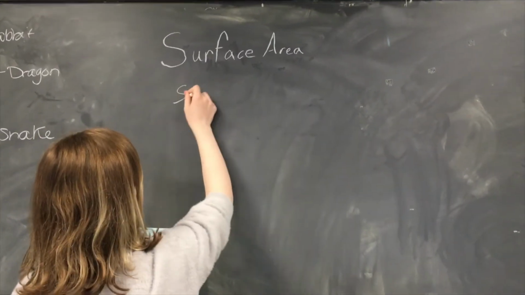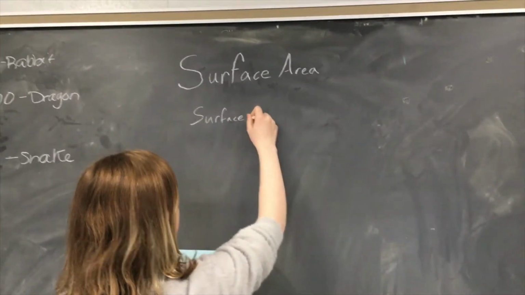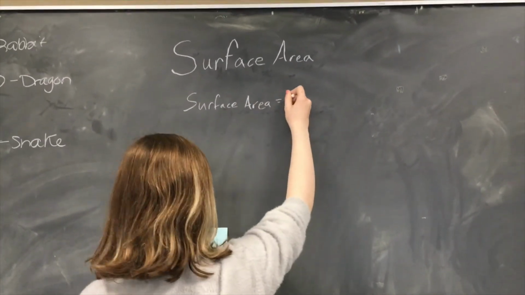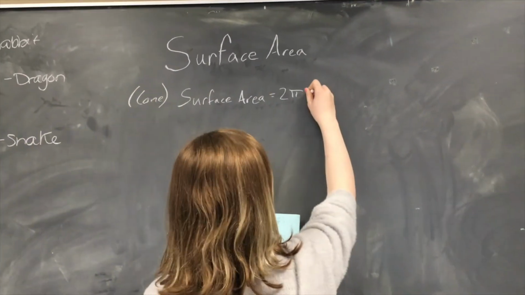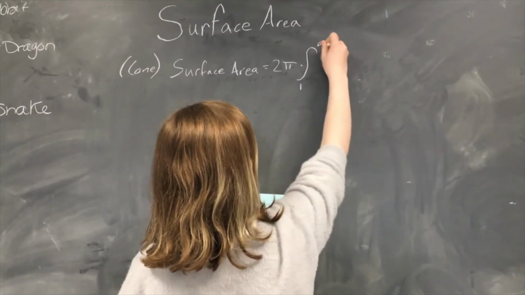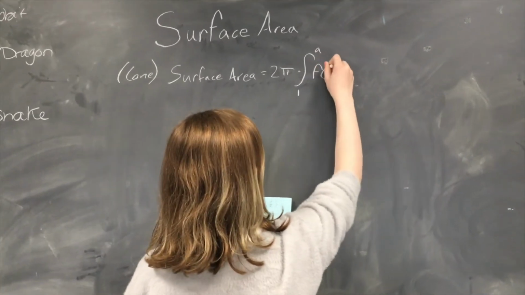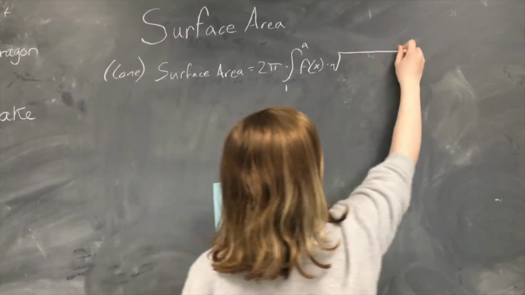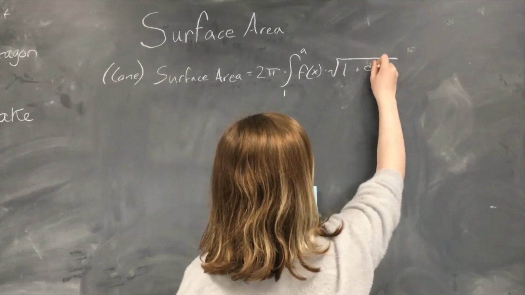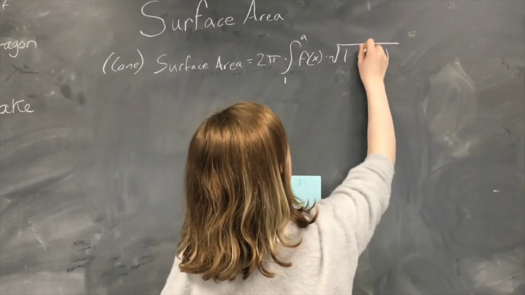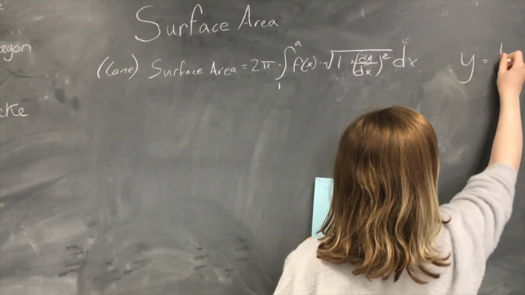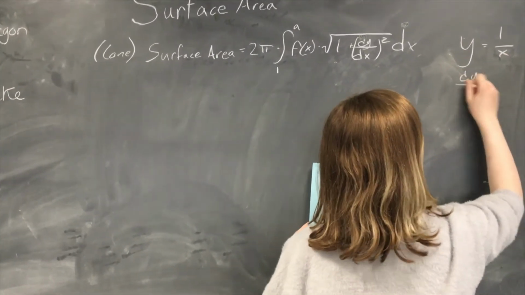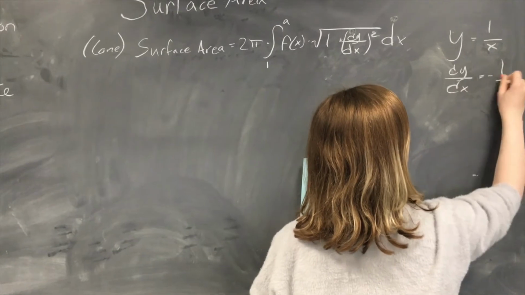Many hours later. To find surface area using an integral, we use a modification of the 2 pi times the radius equation. This gives us 2 pi times the integral from 1 to some number of f of x times the square root of 1 plus the derivative of f of x, all squared, dx. We know that our function value is 1 over x. If we take the derivative of this, we get negative 1 over x squared.